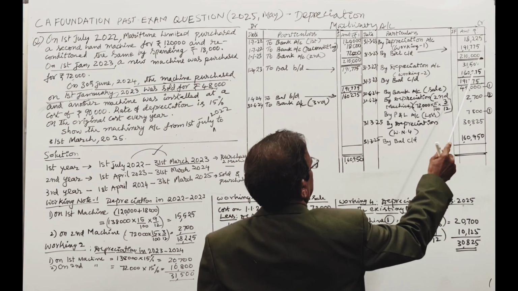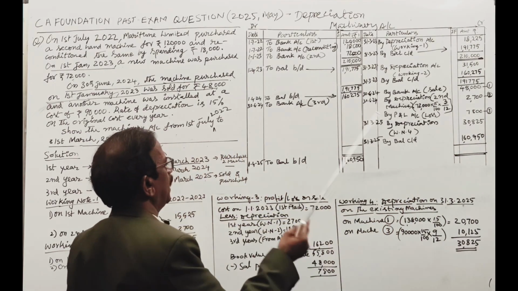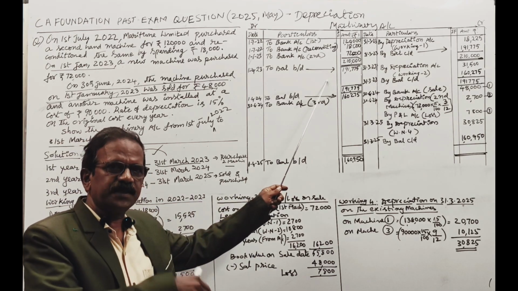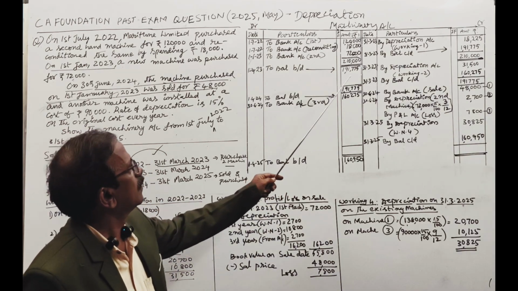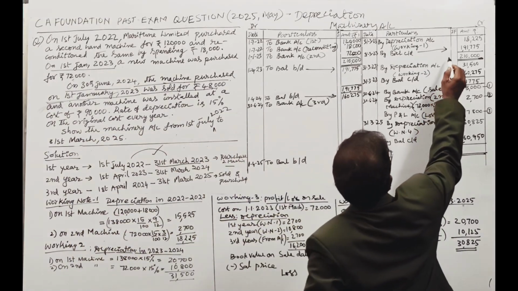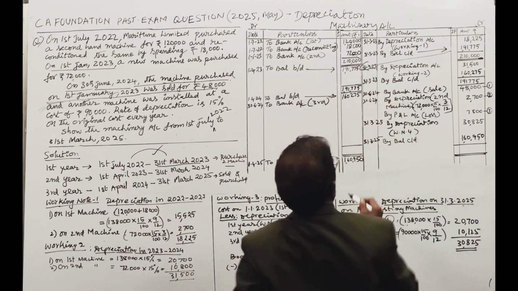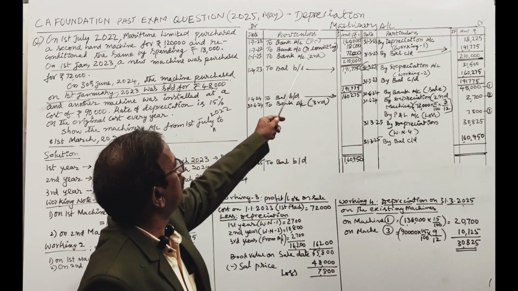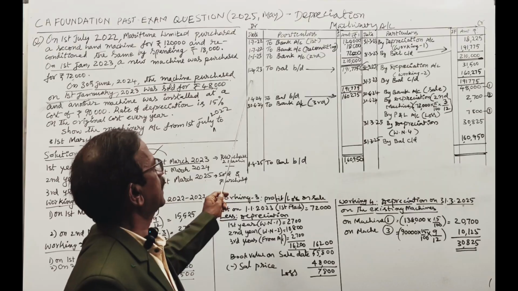This is the balance. And this balance you have to bring down to the debit side of the next year. This one comes here. Right. This is the opening balance of the machinery account for the second year.